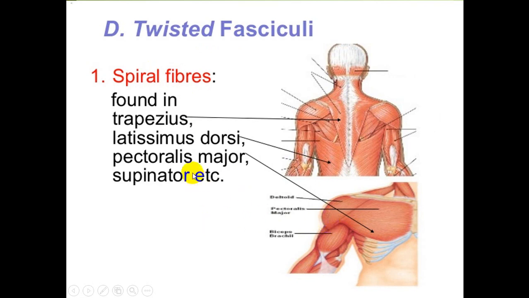We have already studied this twisting in the axilla, where the anterior and posterior axillary folds are made by the spiraling fibers of pectoralis major anteriorly around its own axis, and then the latissimus dorsi fibers spiraling posteriorly on the lower border of teres major. Then the supinator muscle and the ascending or lower fibers of trapezius are also twisting or spiraling before their insertion.